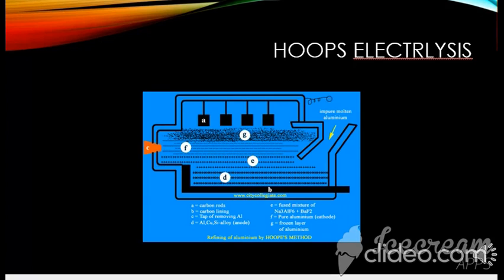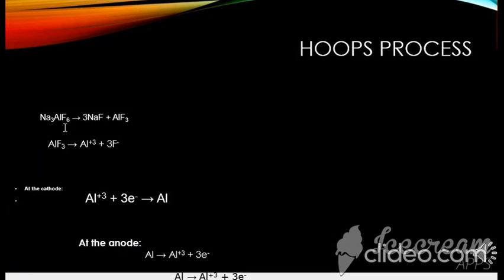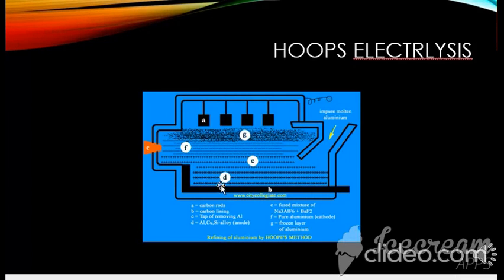What are the reactions at the anode and at the cathode? First of all, at the anode, look at this: this is the carbon lining.